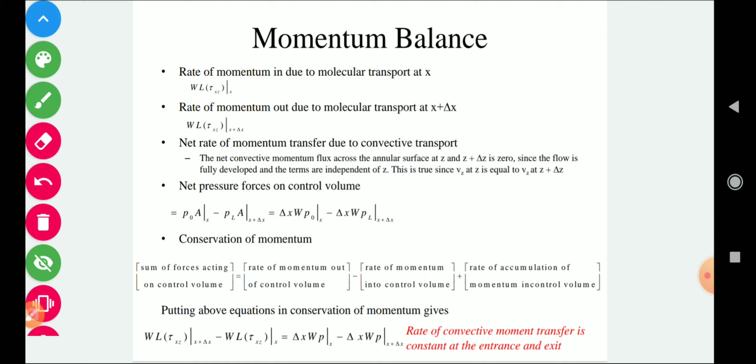Similarly, rate of momentum out due to molecular transport at x plus delta x will be equal to W into L tau xz at x plus delta x. So this is momentum due to molecular transport. Similarly, the net rate of momentum transfer due to convective transport.